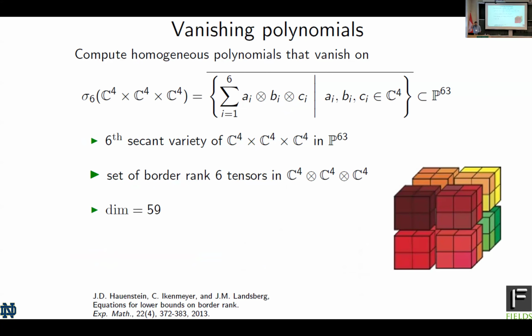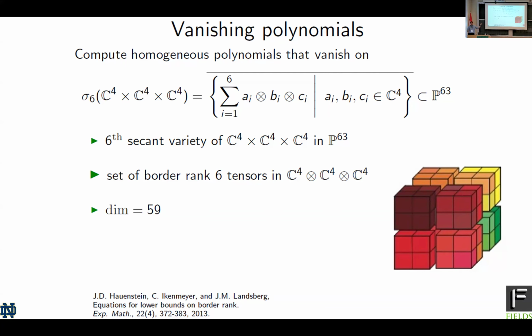JM alluded to this yesterday, maybe, in his talk about looking at 2x2 matrix multiplication. You can think of 2x2 matrix multiplication living inside of C4 tensor C4 tensor C4. And now you want to look at what is the set of all border rank tensors inside of there. That gives you this 6 secant variety inside here, and you can check that its dimension is 59.